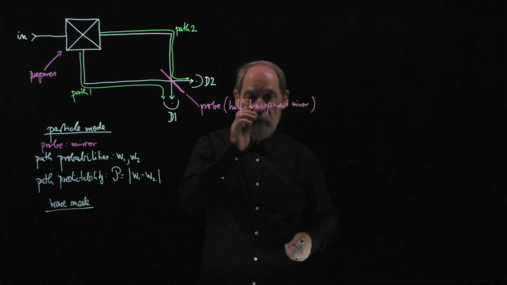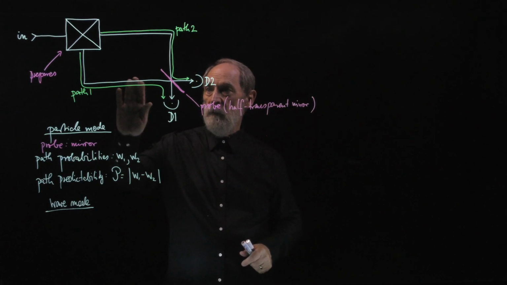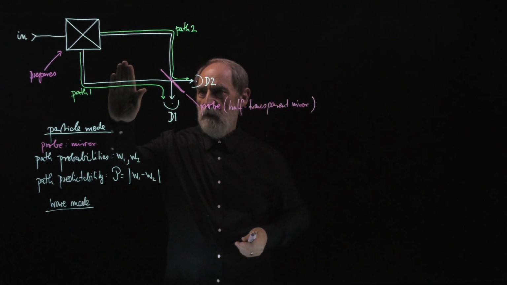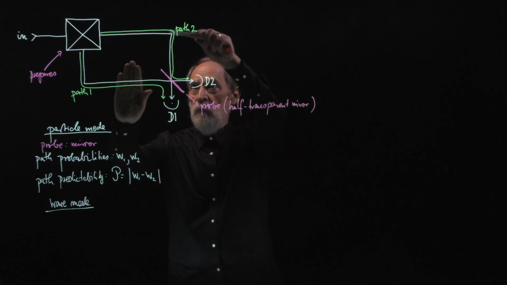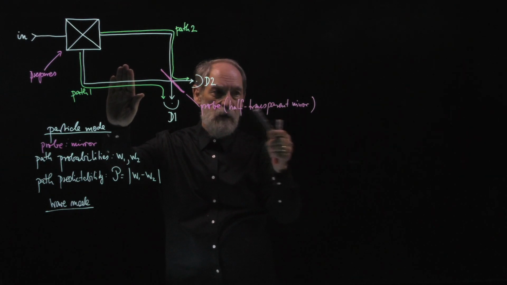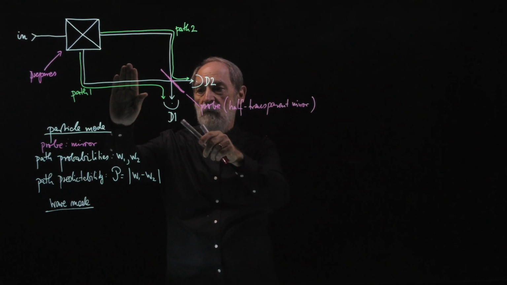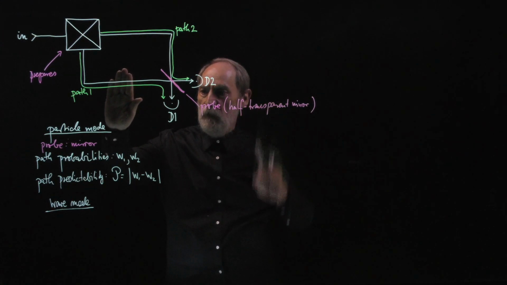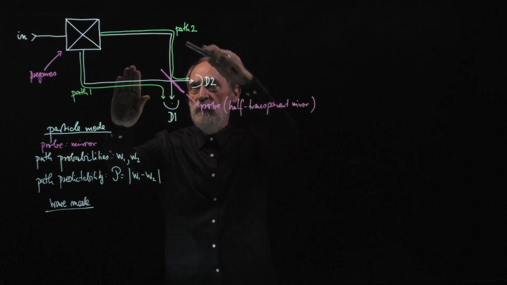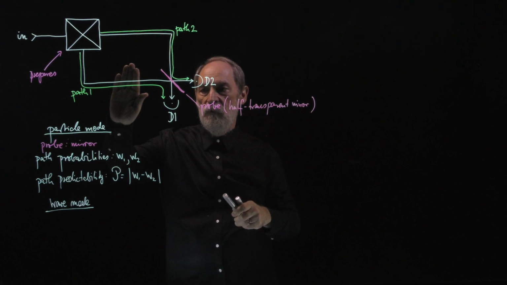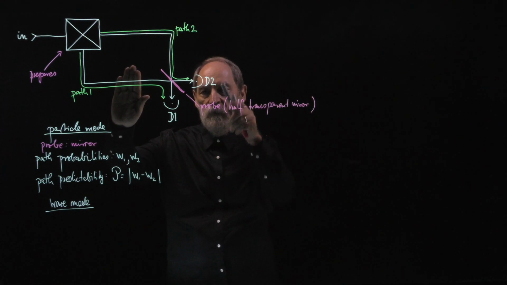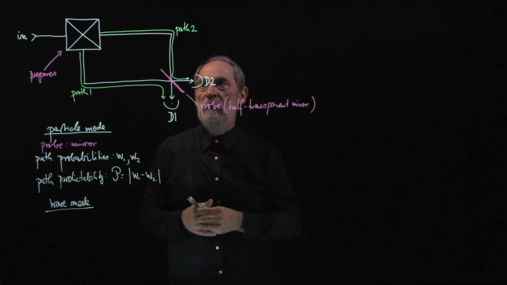So this half-transparent mirror makes sure that if I block one path, say I block this path, then I know all particles come along path 2, and a half-transparent mirror will distribute them equally to detector 1 and detector 2. So half of the particles that arrive along path 2 will go to detector 1, half will go to detector 2.